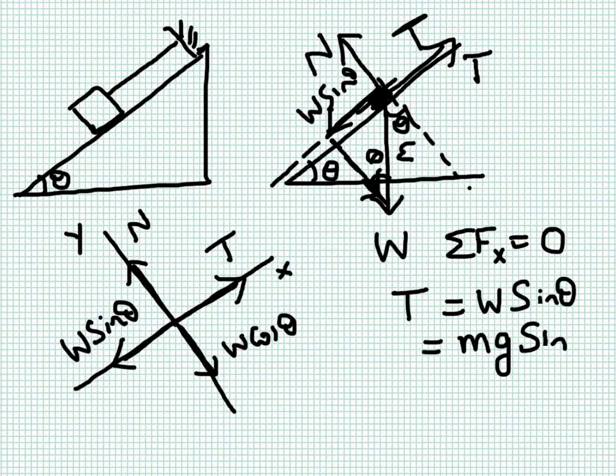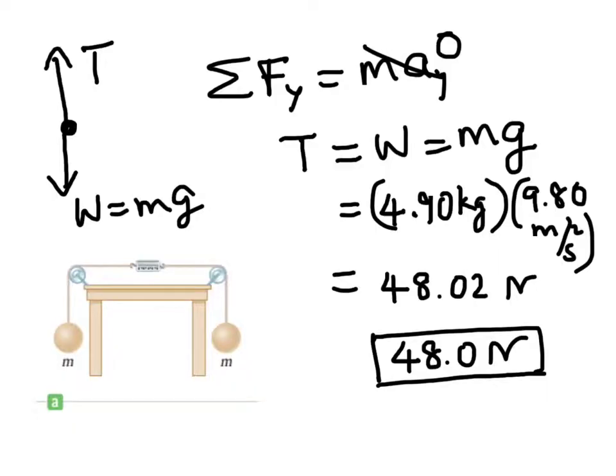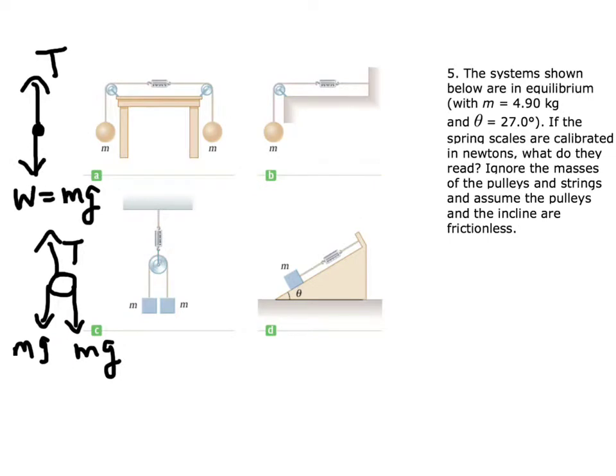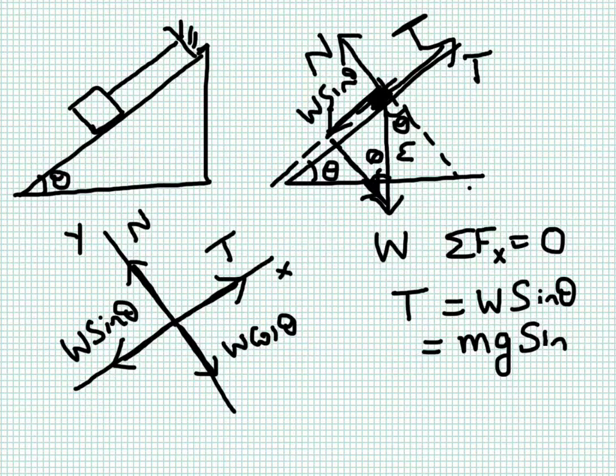I forget exactly what the angle was on the first page here. The angle is 27. So putting all that in, I have mg sine 27 degrees, and mg we had already calculated, that was 48 newtons.